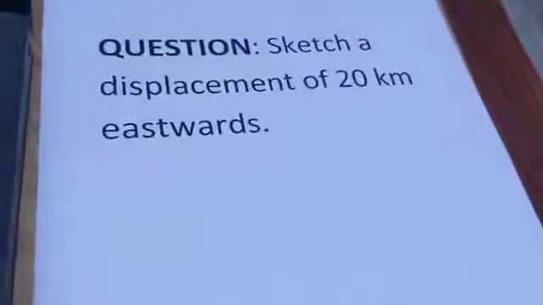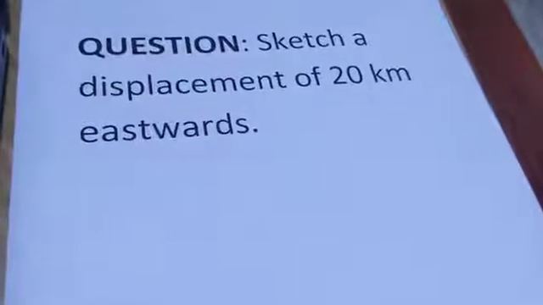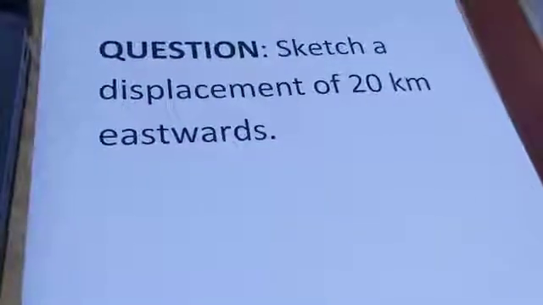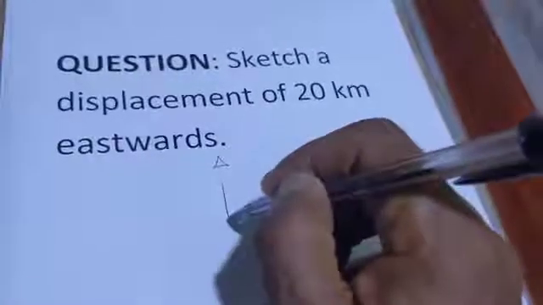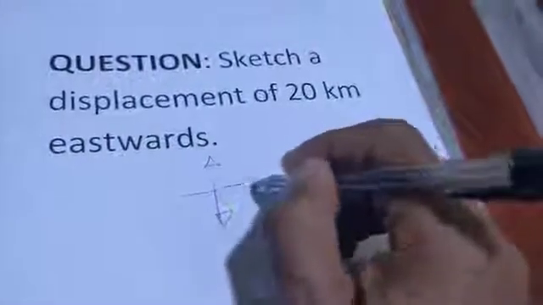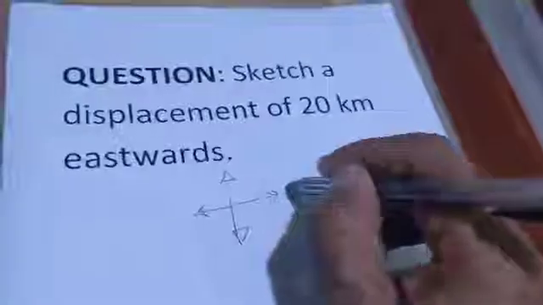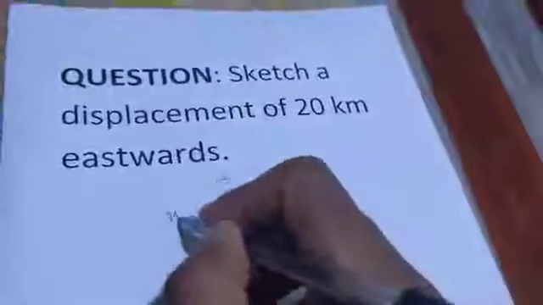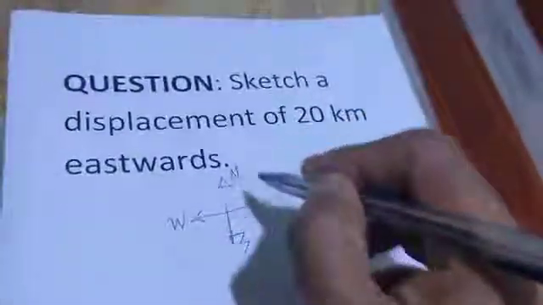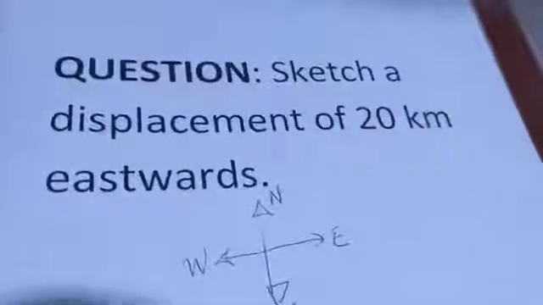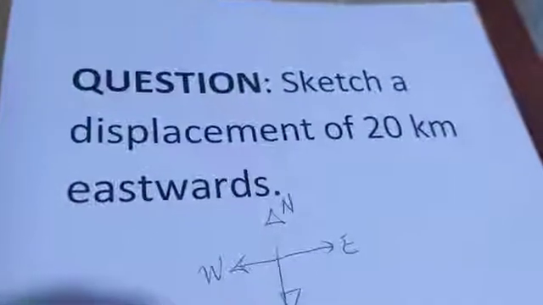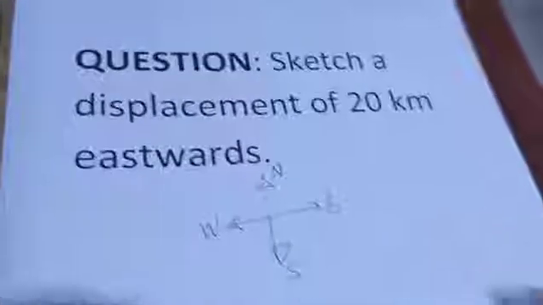Sketch a displacement of 20 km eastwards. To draw your sketch, first you must have the directions. This is the east direction, this is the west direction, this is the north direction, and this is the south direction. So the question is, sketch a displacement of 20 km eastward. Eastward is to the right.